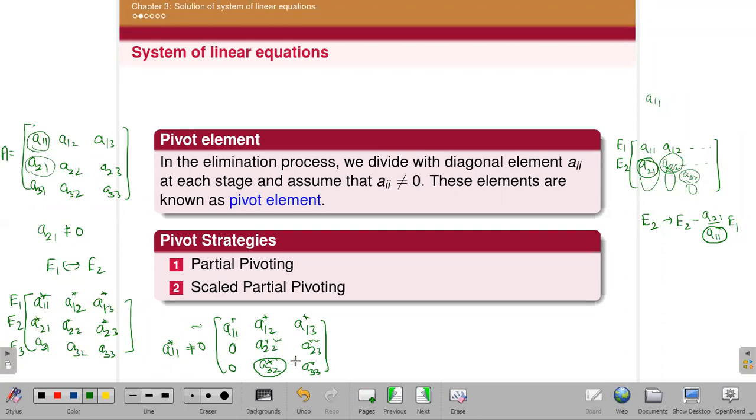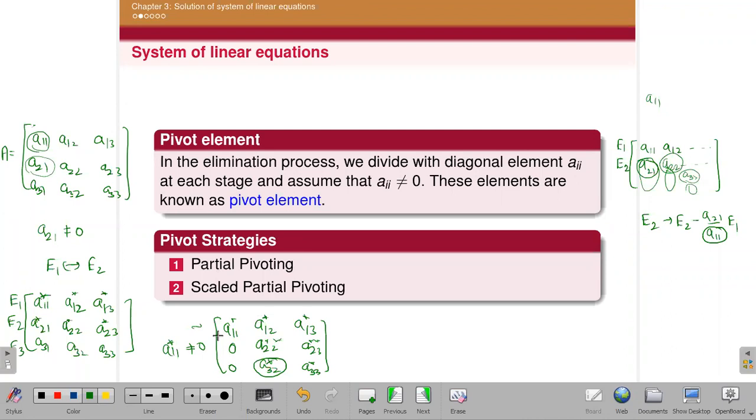If it is equal to 0, then you find whether A32 star is non-zero or not. If it is non-zero, then you replace this full row with this row. Then it will become a pivot element, because to make this element 0, we are dividing by this diagonal element.